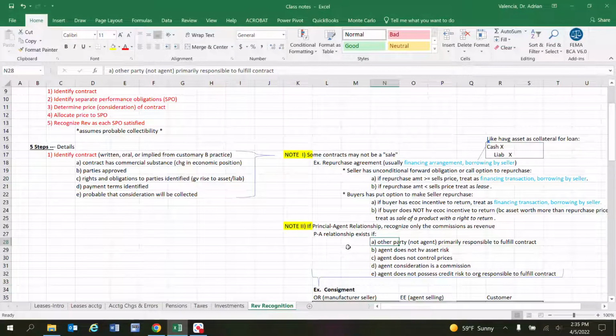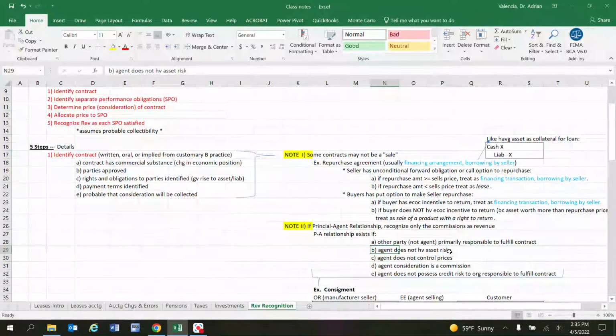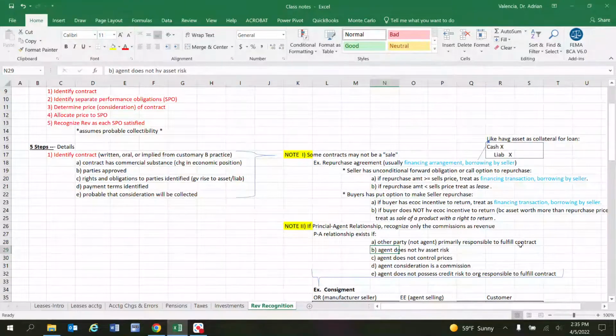It's another party who is going to do the work; the agent is just the middle person. If the agent does not have asset risk, because somebody else is fulfilling the contract with the assets, that is another indication that you are under a principal-agent relationship.